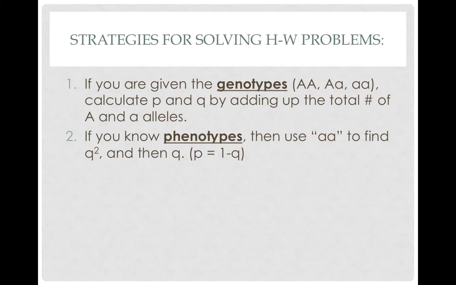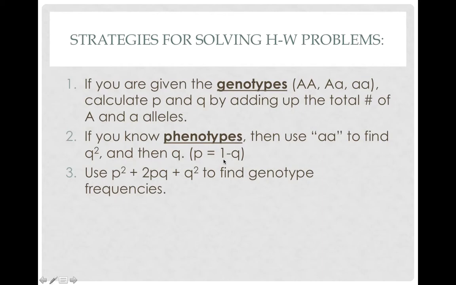If you know the phenotypes, then use the double recessive, lowercase a lowercase a, to find Q squared and then Q using this equation. And use P squared plus 2PQ plus Q squared to find the genotype frequencies if you're not given them.